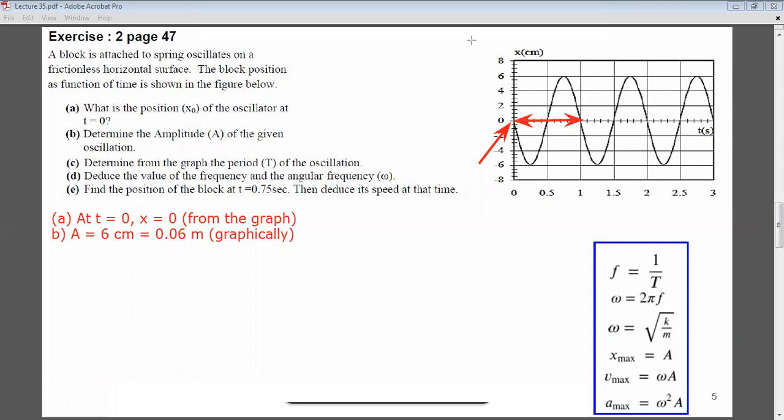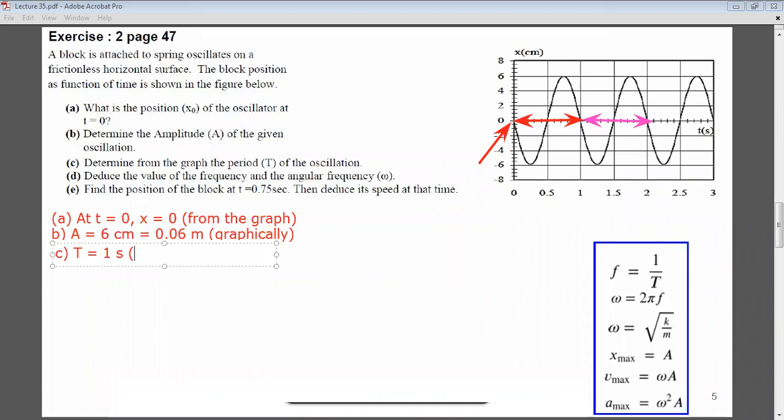Now, if we take another color and start from here, it goes down, then it is back here, then back to the maximum value, then back here. So this is one complete period. How much is this one complete period? It's 1 second. So the period, part C, equals 1 second.